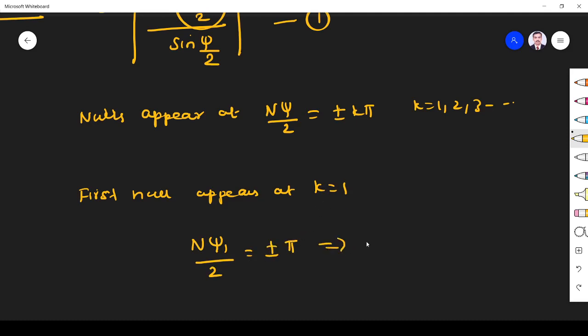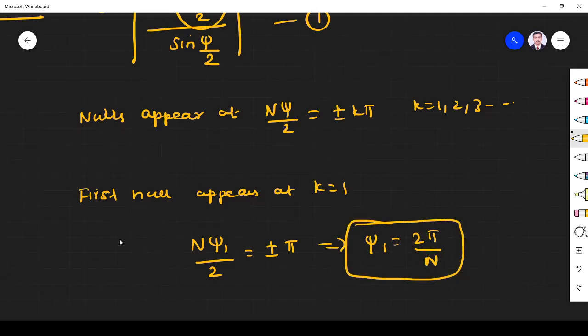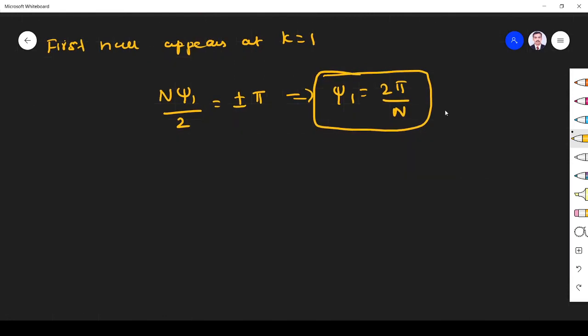This indicates psi 1 is equal to 2 pi by n. So the first null appears at psi 1 equal to 2 pi by n. Consider this equation number 2. We know psi is equal to beta d cos theta plus alpha, and alpha is equal to 0 for broadside array. So psi is equal to beta d cos theta.